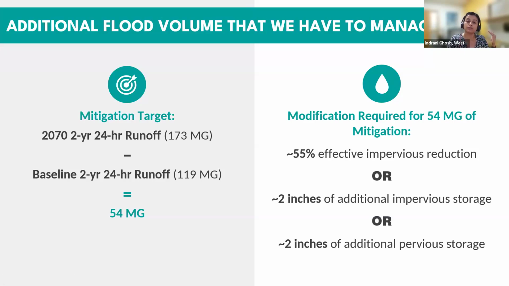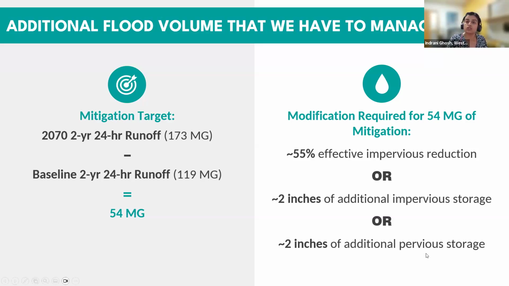So think about if we could depave some of the existing parking lots or hard paved surfaces that we have, or we could find opportunities to redirect the stormwater runoff from those locations to places where we could store that runoff. Could we store that stormwater runoff underneath existing parking lots, underneath existing paved surfaces?